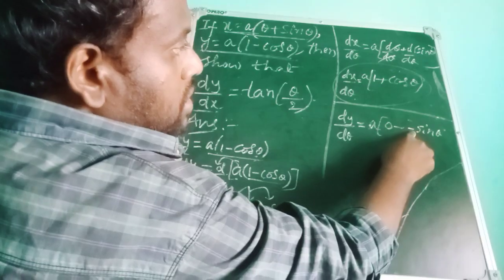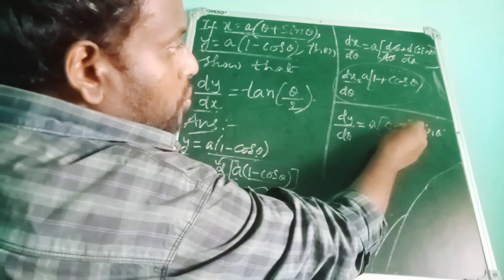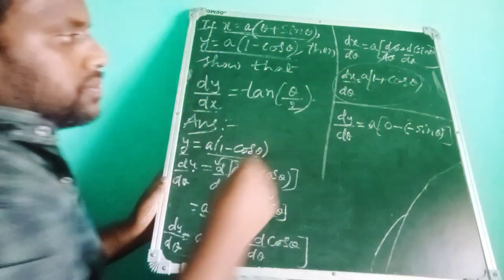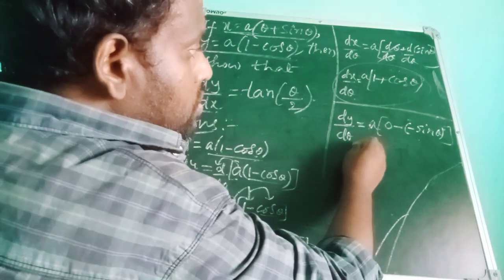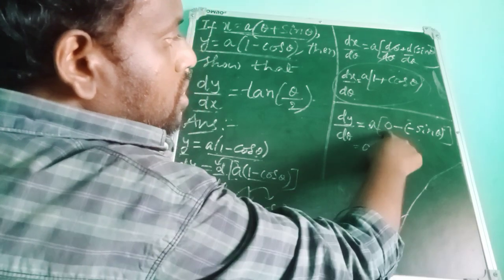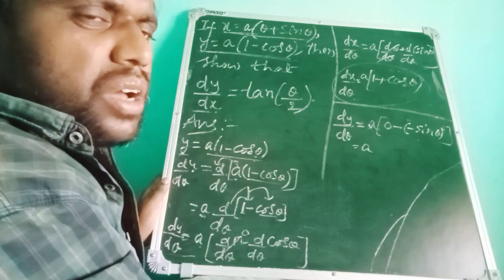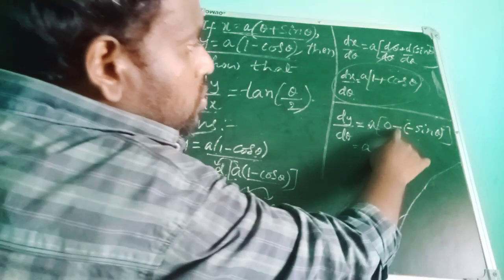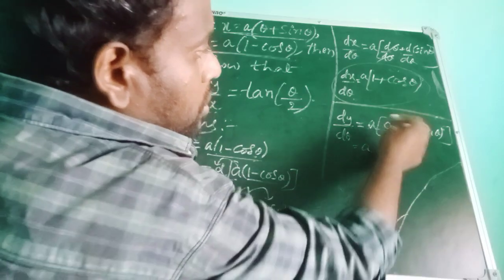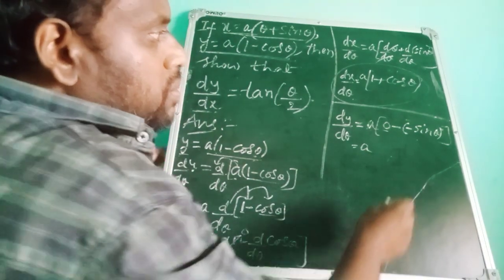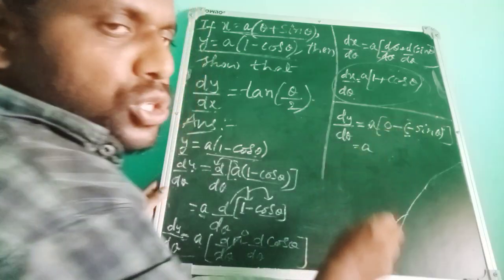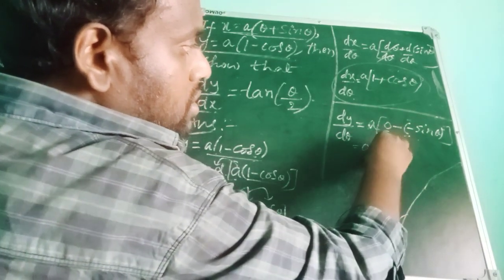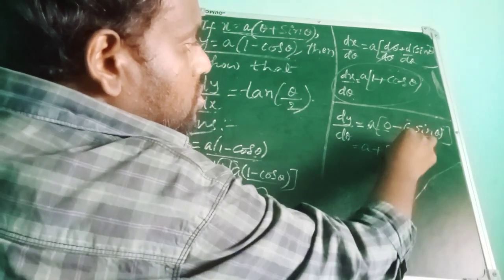See here, minus is there, two signs are there, so when there are two signs we should not write like this, you have to put a bracket. Next to a write asterisk. 0 means nothing, so don't write it, no problem. If you don't write 0 also no problem. Next, bracket means multiplication, so multiply the signs, minus into minus is plus. Sin theta you write asterisk.